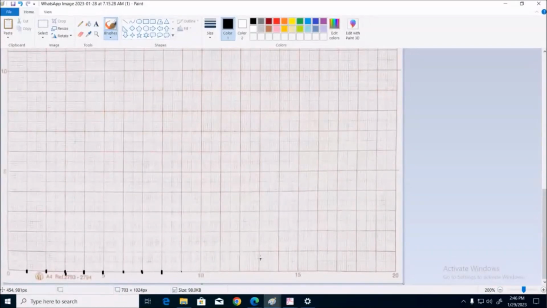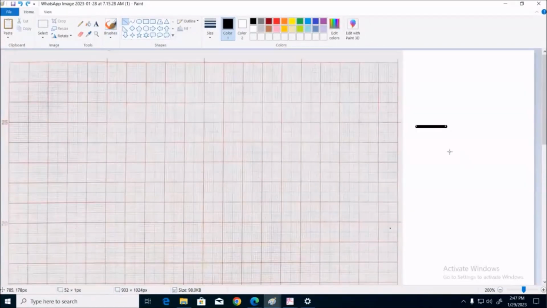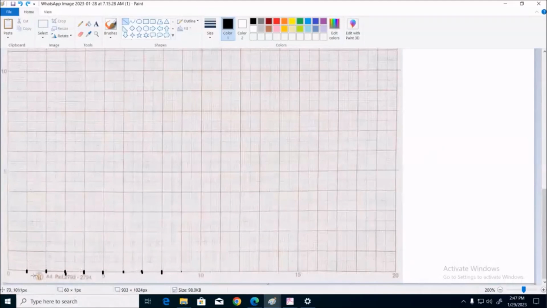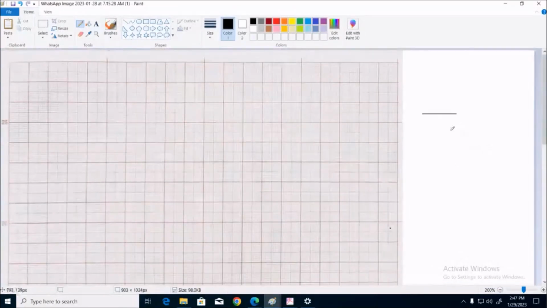So we'll make this thermocouple 1. Here it is T1. I will make it T1 here, at 0. Now the distance between thermocouples T1 and T2 is 0.015.